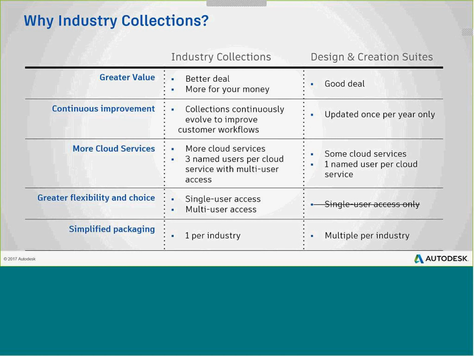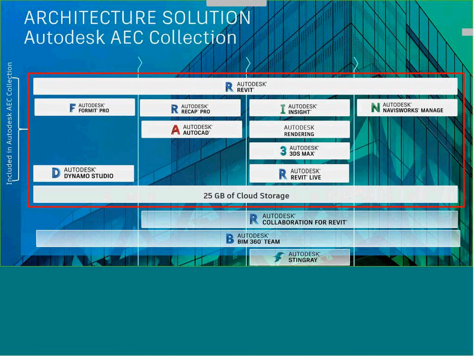But the industry collection is a very simplified package. So one package for the entire industry. Whether you're talking of infrastructure or build, you get one package, and how you use the products in there is really up to you.